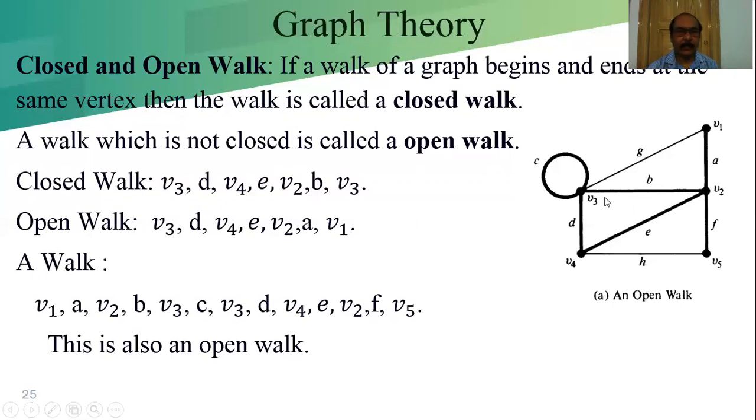In this case, if we consider a closed work, start with V3, then D, H, then V4, then E, then V2, then B, then V3. That means we start with V3, then we come again to V3 in this way. Then it is a closed work.